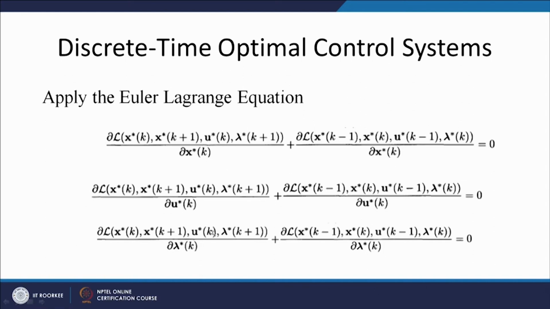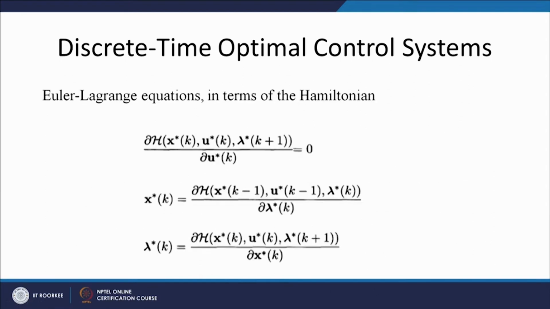If we write these in terms of the Hamiltonian, we get del H by del u equal to 0, del H by del x equal to lambda k, and del H at point k minus 1, u k minus 1 and lambda k gives me the x k. So, to get the proper form, we convert the second equation as x star of k plus 1.